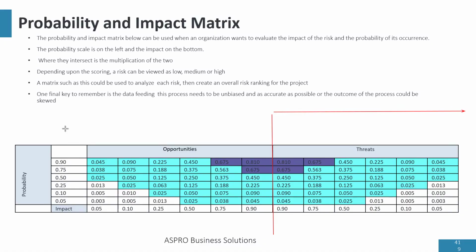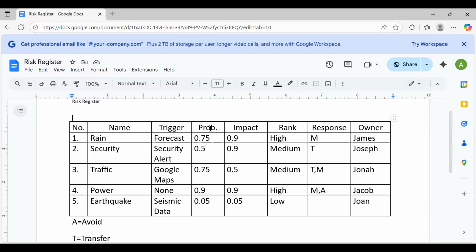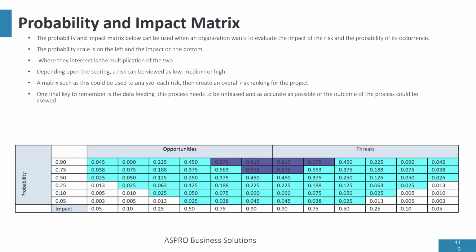Let's look at our project and see how we're going to place the risks. What I'm interested in is the probability and impact of each risk. So let's go back. We see that rain, the one on top, has a probability of 0.75 and an impact of 0.9. So we trace it there.